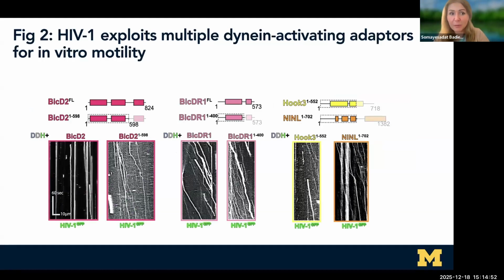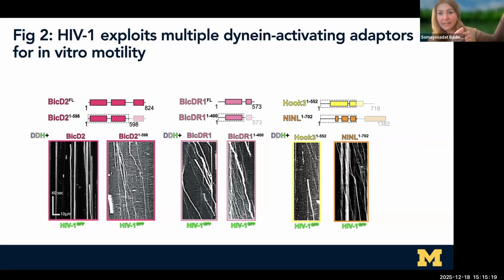The next thing, another surprise to me, was when I used activating adapters of dynein other than BICD2. BICD2 is in an auto-inhibited state, and the presence of cargo and its interaction with the cargo binding domain of BICD2 is needed to activate it.